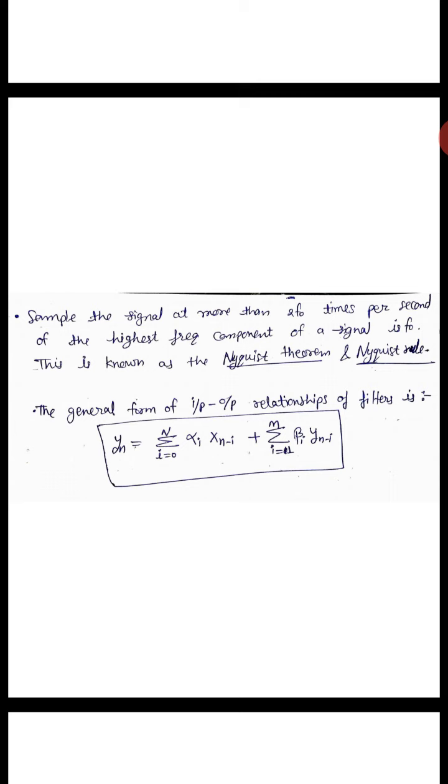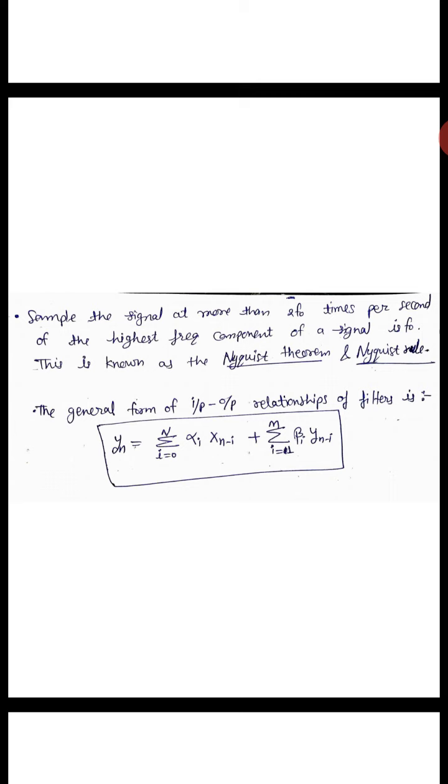The general form of input and output is shown, where xn is the input sequence of the filter and yn is the output sequence from the filter. The values alpha i and beta i are the filter coefficients. If the input signal is a 1 followed by all zeros, the output sequence is called the impulse response of the filter.